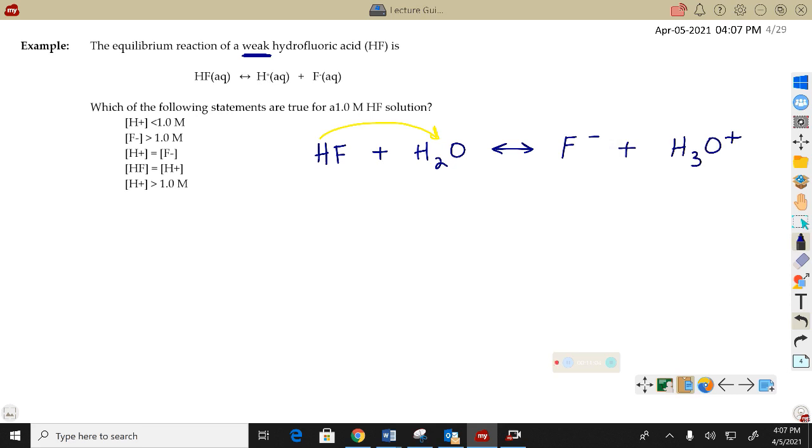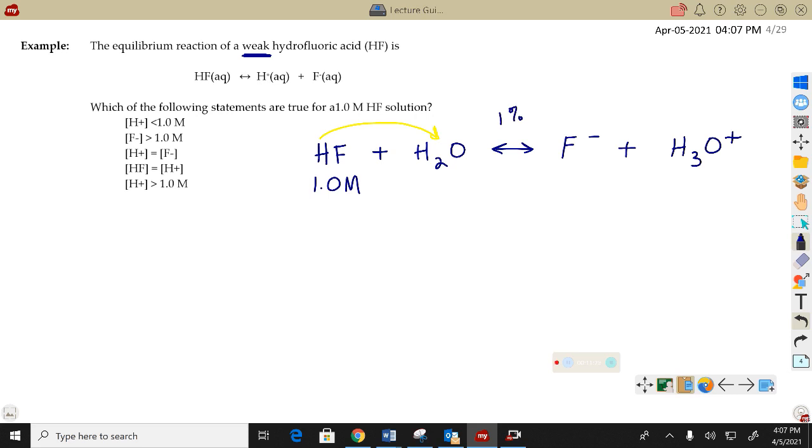It would be acting like the hydrogen acceptor. Okay, so what if I had a 1 molar solution? I don't care about the amount of water, but if I had a 1 molar solution and this is a weak acid, it is not going forward by much. Maybe again like 1%, maybe 5%.